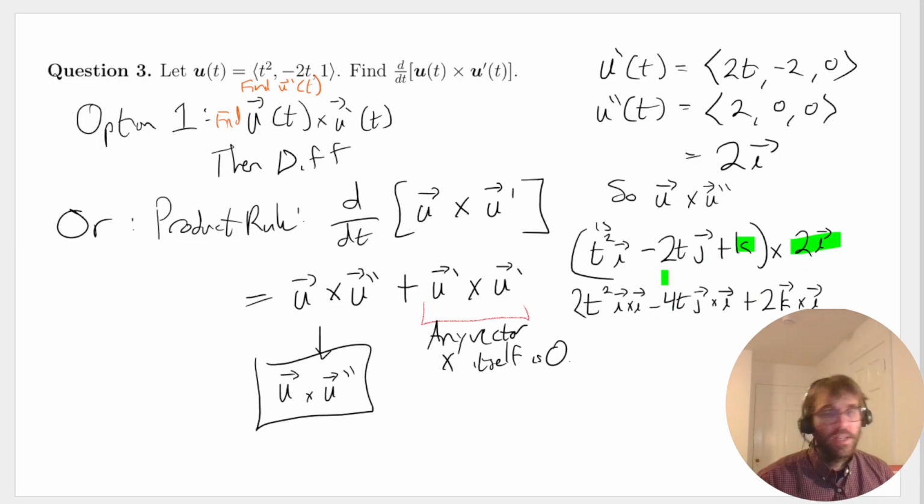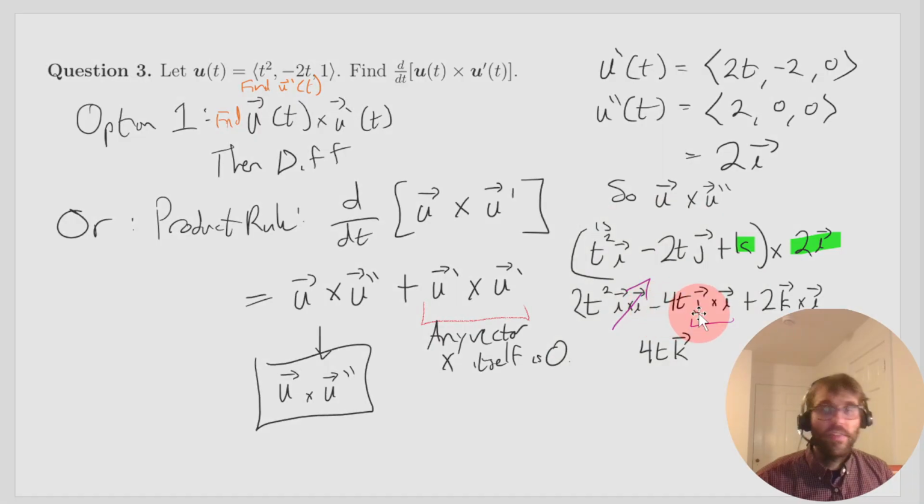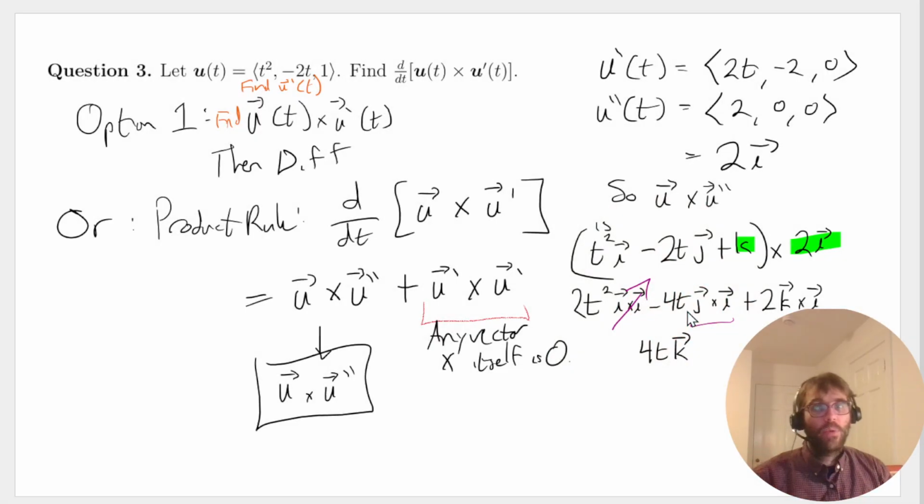All of the scalar bits, which are t's, numbers, things like that, come there. i cross i is 0. j cross i, you're going backwards. That's going to be a negative k. So this is going to be positive 4tk. It's two negative signs. One, because there's just a negative sign right here. The other, because jik is going backwards around the loop.